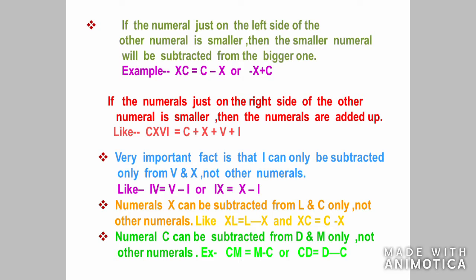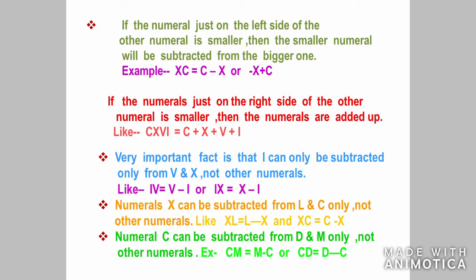Number 6. A very important fact is that I can only be subtracted from V and X, not other numerals. Like IV is equal to V minus I, or IX is equal to X minus I. Number 7. The numeral X can be subtracted from L and C only, not other numerals.